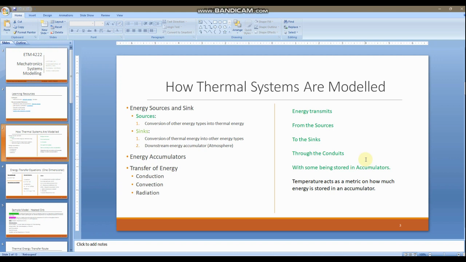So if an object has gained temperature, that means it has stored some thermal energy. In a similar manner, the same can happen in reverse. If an object loses temperature, it will have lost thermal energy, and that means it has lost vibrational energy at an atomic level.